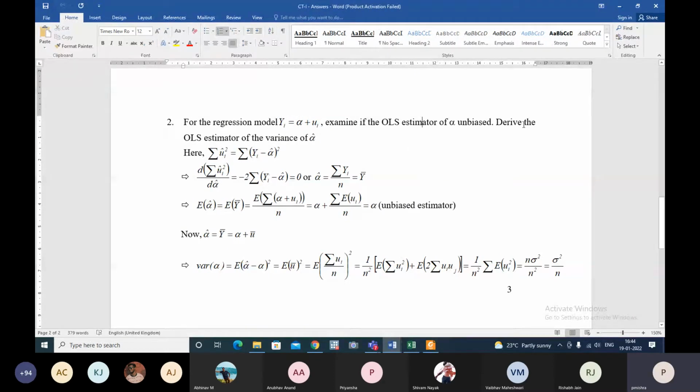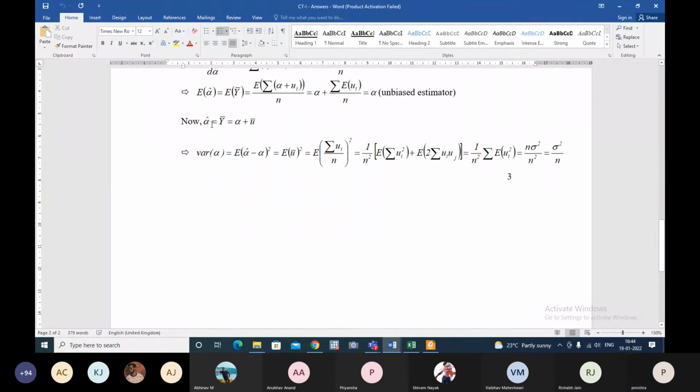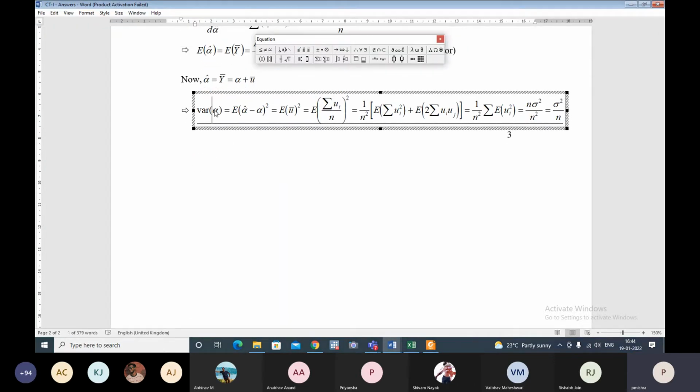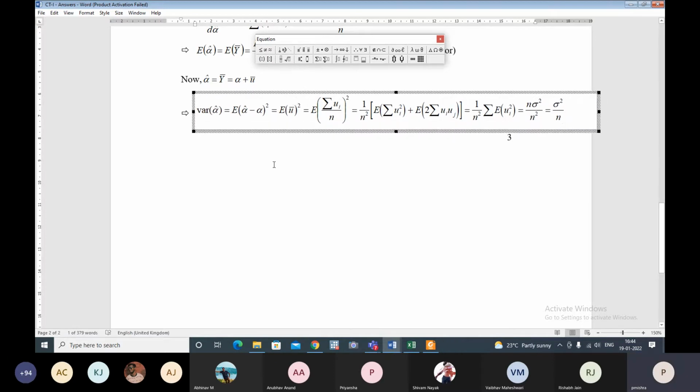The second part was derive the OLS estimator of the variance of alpha hat. So we have alpha hat as y bar, which is equal to alpha plus u bar. Now, what do I need to get? I need to get variance of alpha hat.